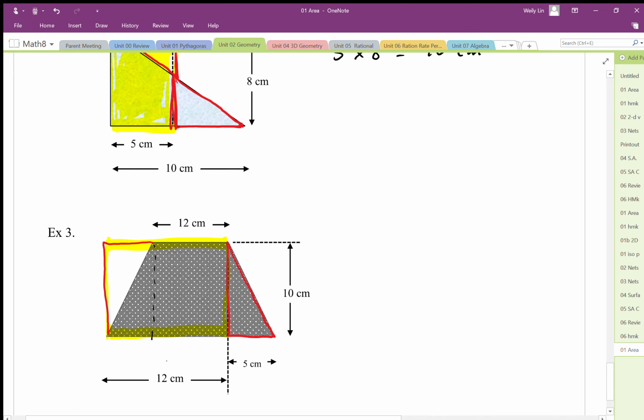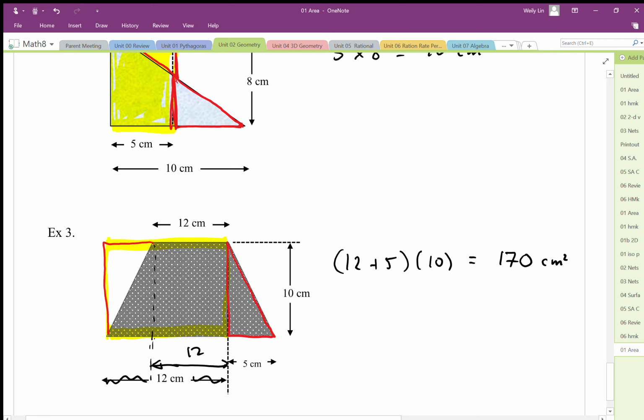If this is 12, the 12 should come across to here, so that length here is 12. We're going to take 12 plus 5, and then take that length and multiply it by the perpendicular height, which is 10, and we get 170 centimeters squared.